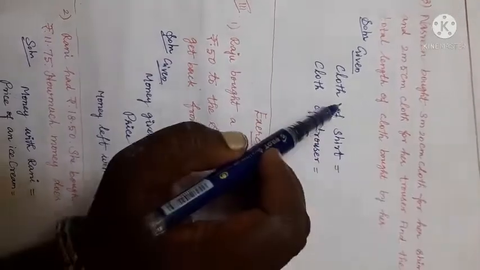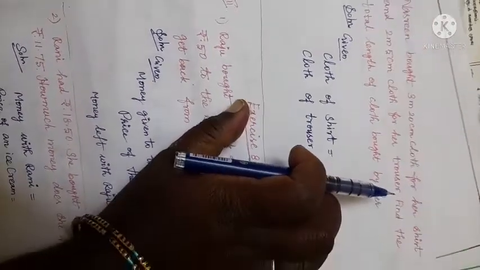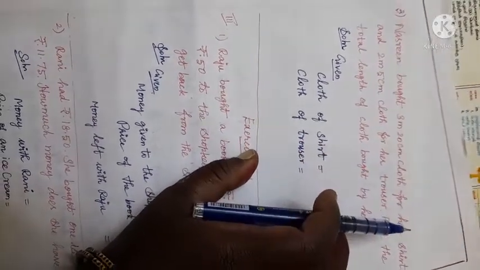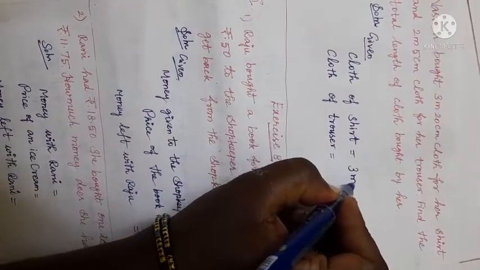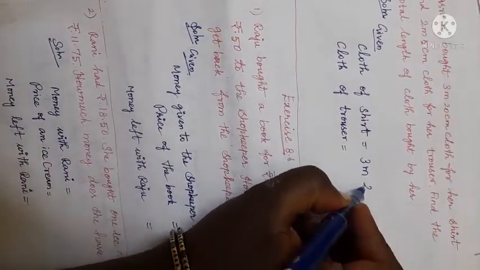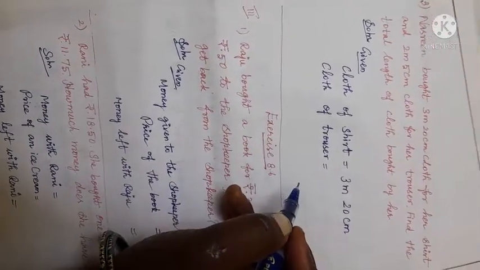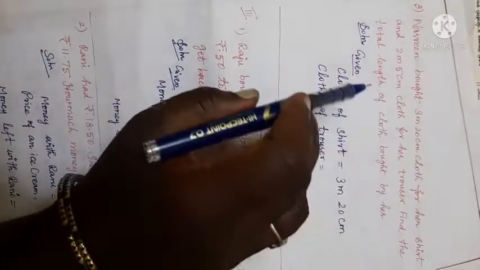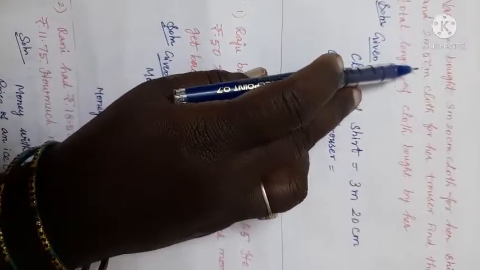Find the total length of cloth bought by her. Nasreen bought 3 meter 20 centimeter cloth for her shirt. Next, for the trouser she bought 2 meter and 5 centimeter.